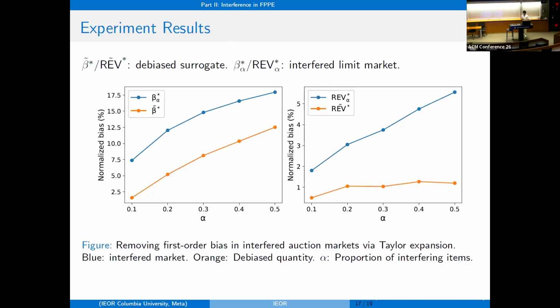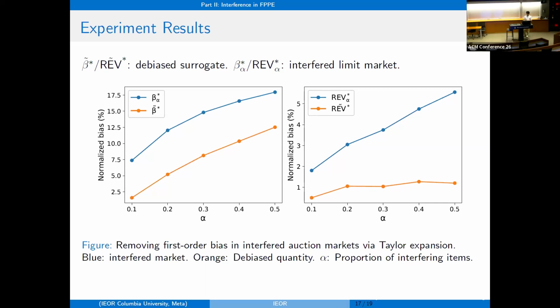And in order to show the debiasing effect, we conduct a synthetic experiment. So we construct a market with 10 buyers and 1,000 items. And then we vary the proportion of interfering items. The next thing we do is we compute the debiased estimate and the naive estimate that we directly observe.